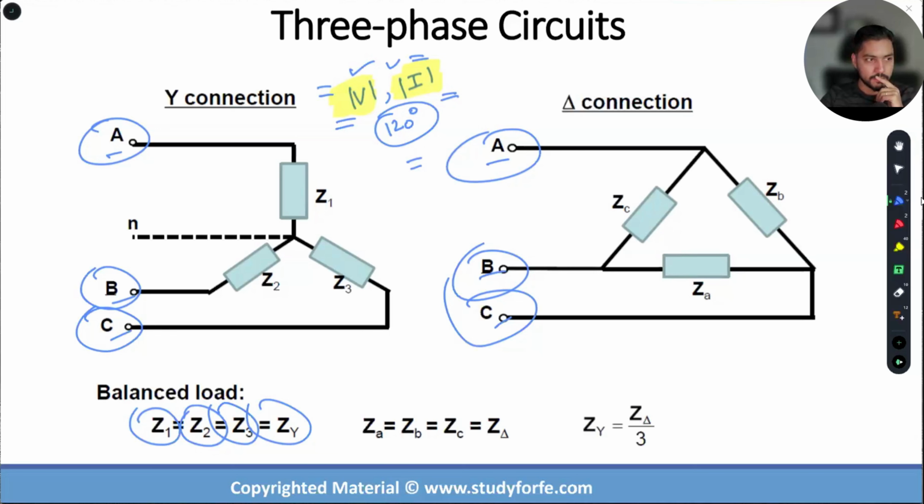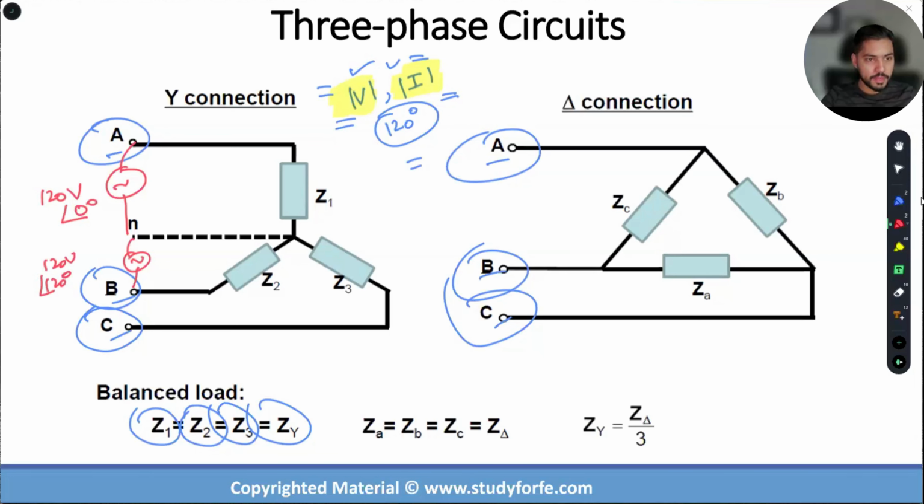Is that clear? Now let's take one example over here. Very quick example, and let's just focus our attention on this. So let's say I have a 120 volt source over here with a 0-degree phase angle, and then I have another 120 volt, 120-degree source between phase B and neutral.